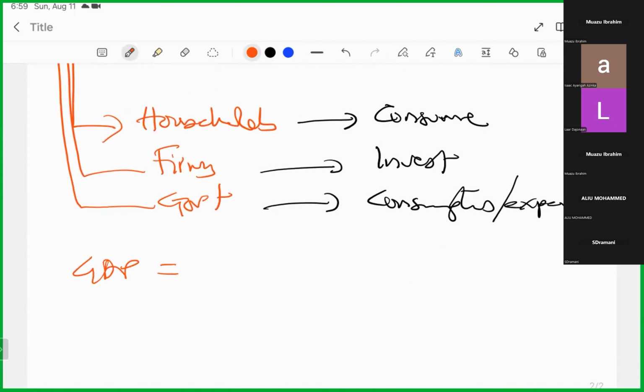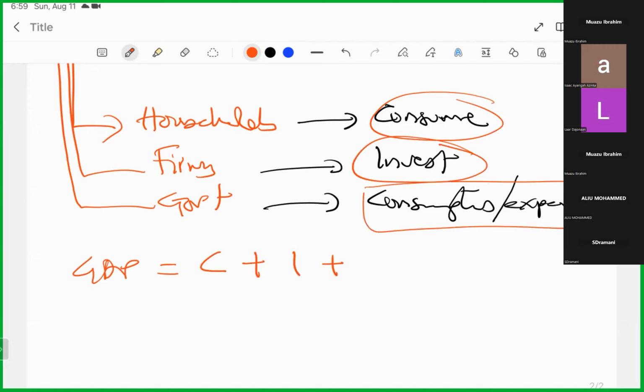as the summation of all the consumption and all the investments that are going on. So first, we're looking at the summation: the consumption plus investment of firms plus government expenditure.